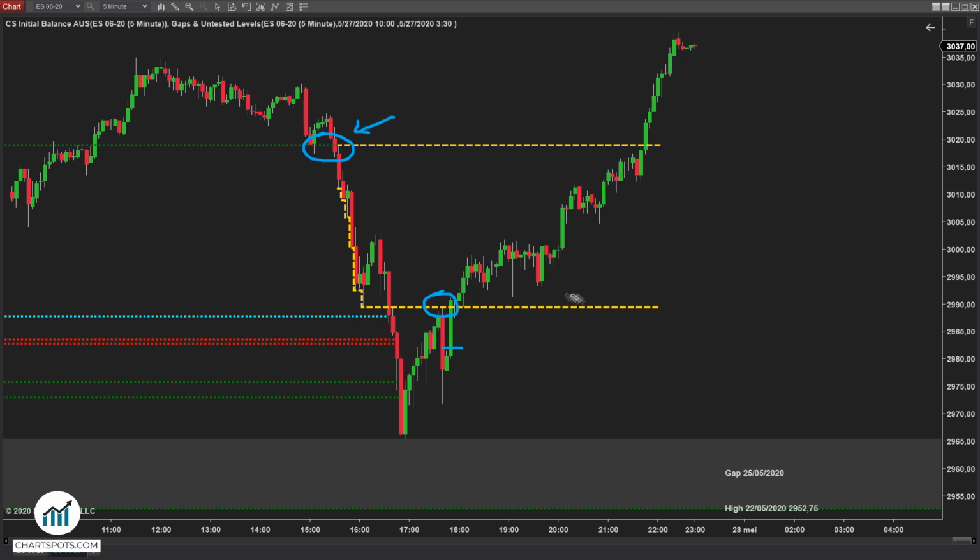Now, of course, you have to keep in mind we already broke the initial balance low here. Statistically speaking, a neutral day where you break both the high and the low is in somewhere 20-30% of the days, of the sessions rather.